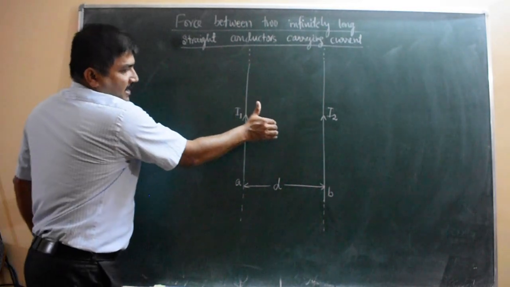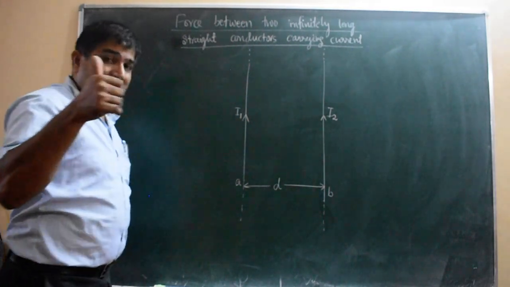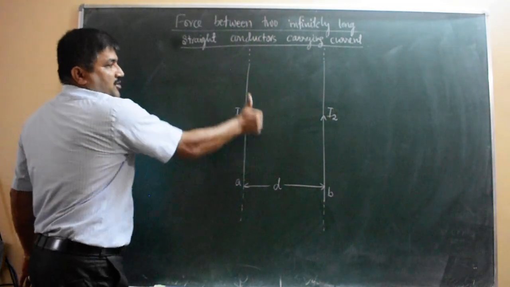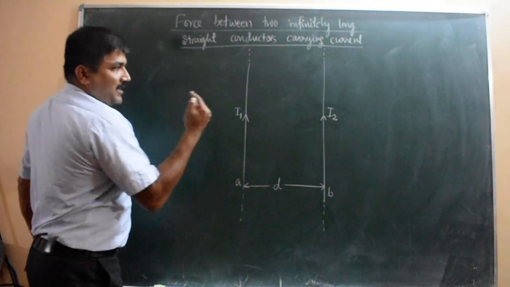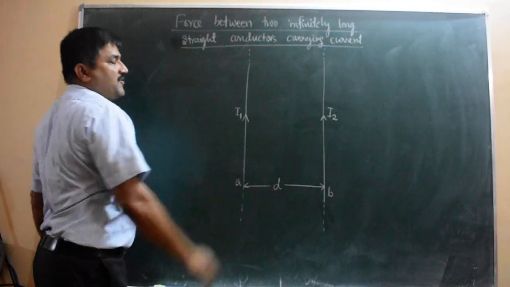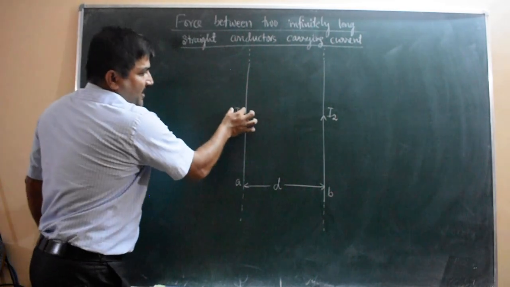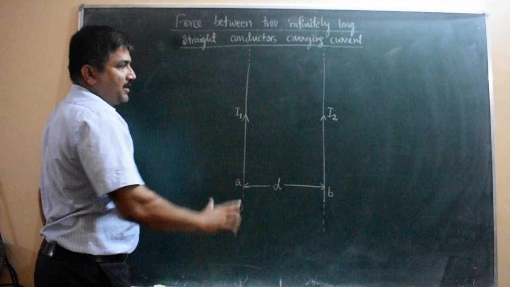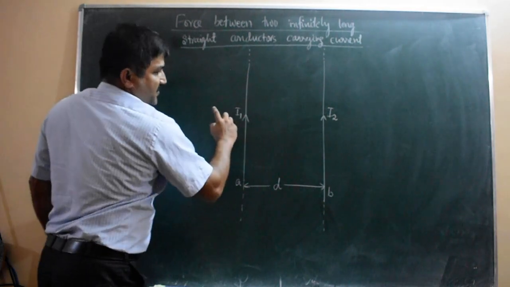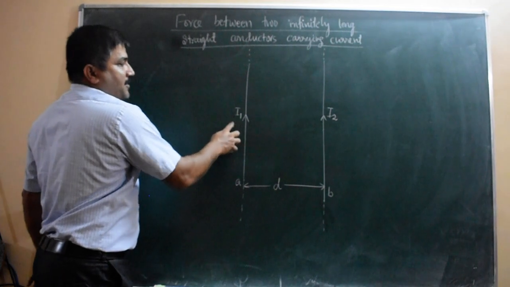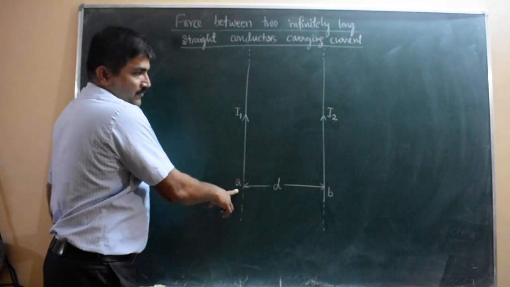If you hold the current carrying conductor in your right hand with the outstretched thumb in the direction of current, the curved fingers around the conductor represent the magnetic field. So now this current I1, in this diagram, is going upward. So the field is inward on the right side of the conductor. This is the field produced by the current I1 in the conductor A.